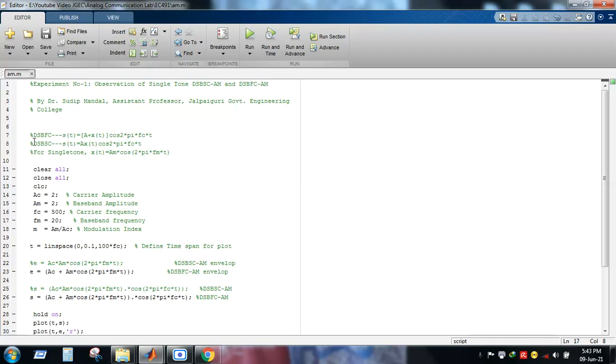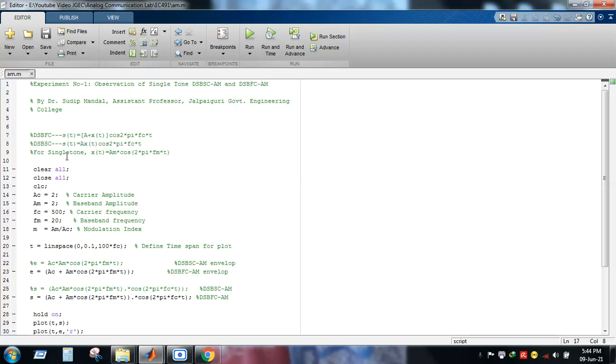In case of DSB-SC, where there is no pilot carrier in the modulated wave, the waveform can be written as A into x(t) multiplied by cos 2 pi fct.